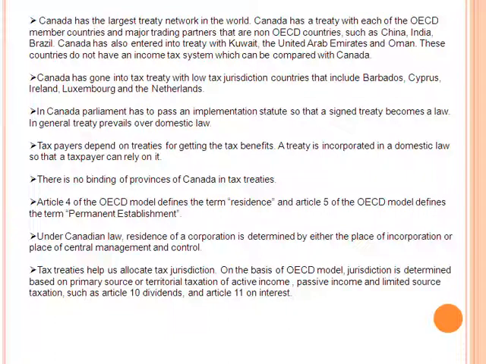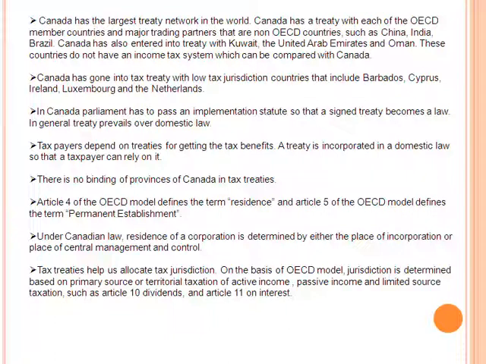In Canada, Parliament has to pass an implementation statute so that a signed treaty becomes a law. In general, treaty prevails over domestic law. Taxpayers depend on treaties for getting the tax benefits. A treaty is incorporated in a domestic law so that a taxpayer can rely on it.